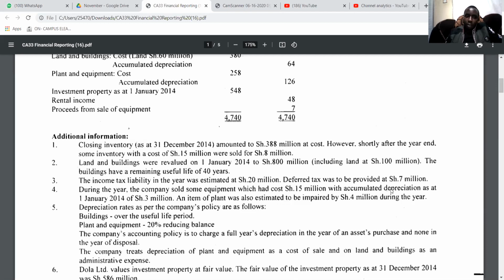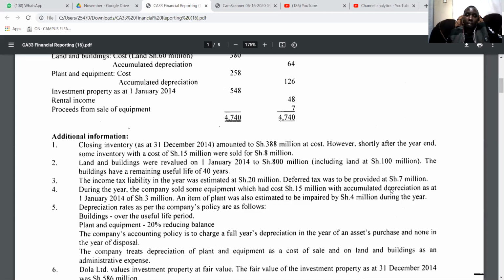So students, we always say that income tax, you are supposed to determine it by taking the current tax plus or minus the increase or decrease in deferred tax. You add tax under provision, you minus tax over provision. So that one will be done.